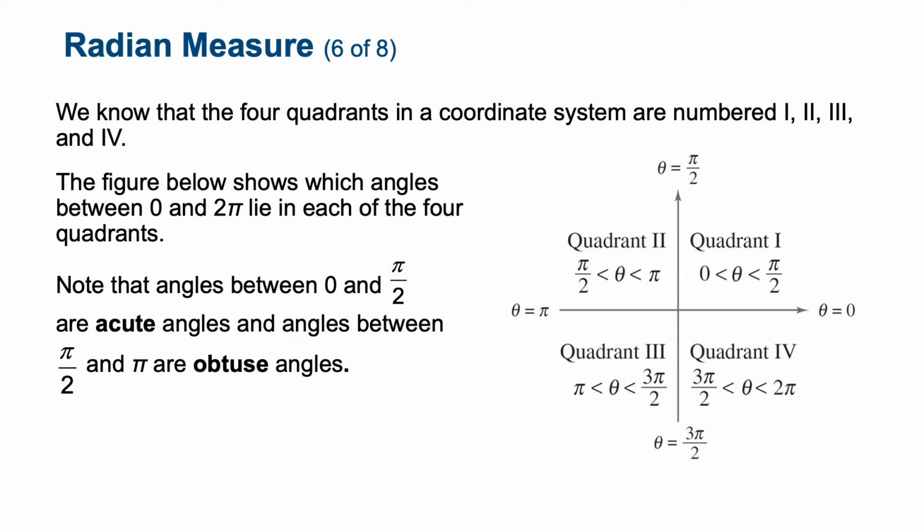Quadrant 3, the angle would be measured from pi to 3 pi over 2. And the fourth quadrant would be from 3 pi over 2 to 2 pi. Angles between 0 and pi over 2 are acute, and angles between pi over 2 and pi are obtuse, because they're greater than 90 degrees.